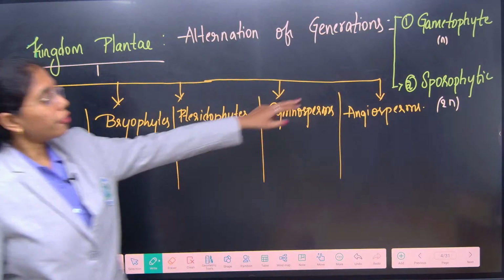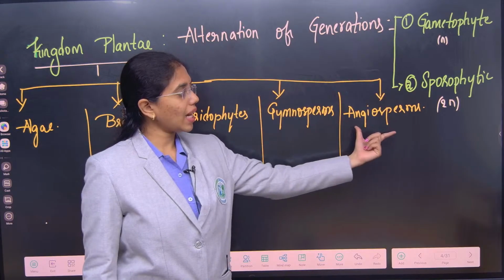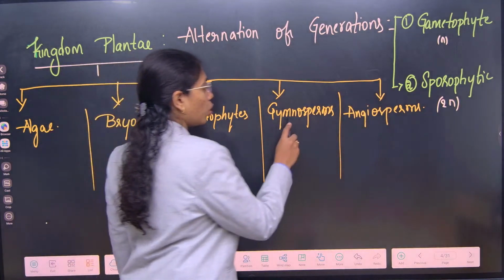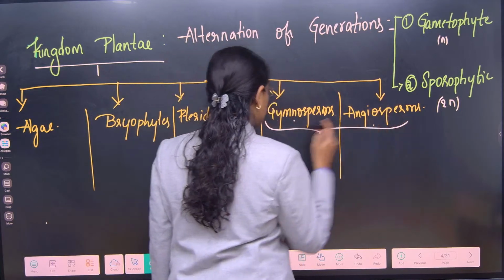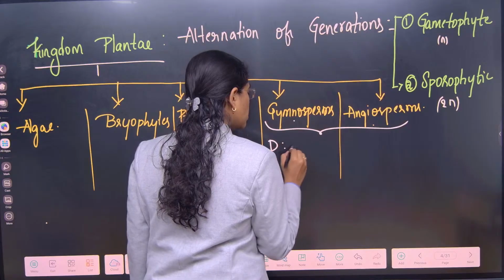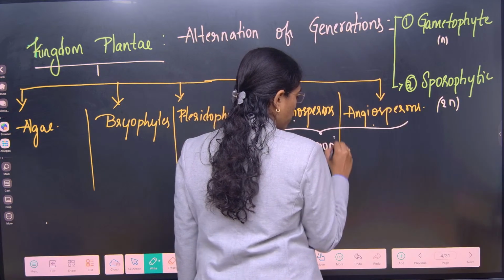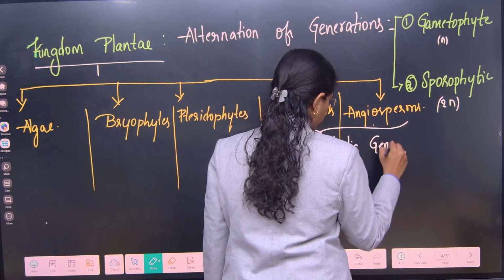The dominant generation in gymnosperms and angiosperms is sporophytic generation. Remember that in both gymnosperms and angiosperms, the dominant phase is sporophytic generation.